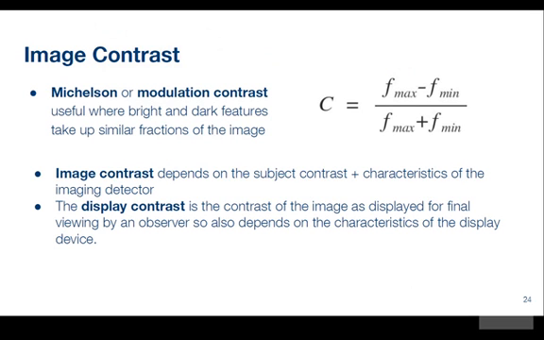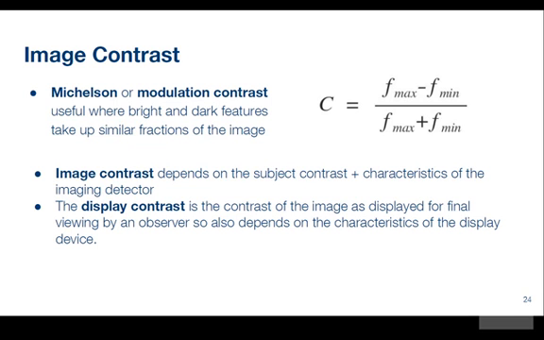Now there is another definition for contrast, and this is known as modulation contrast. And this is useful where we have an image where bright and dark features take up similar fractions of the image.